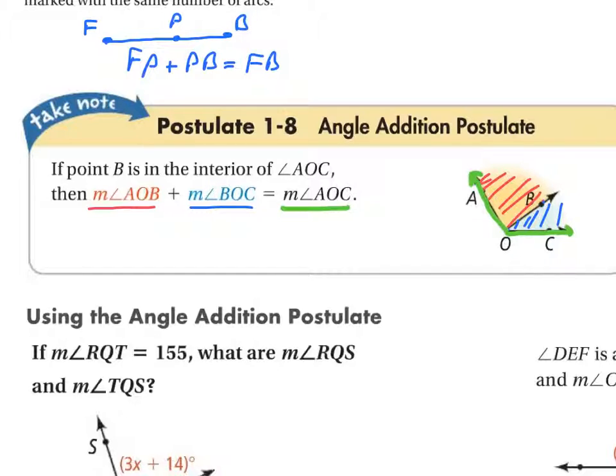A key part of this is making sure that you understand the equation that you can write. So off to the side here, I'm just going to do a quick example.